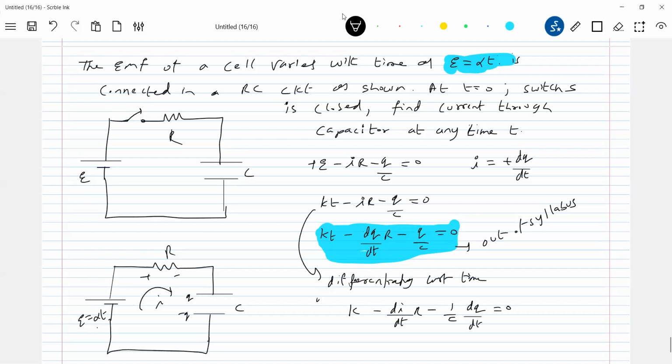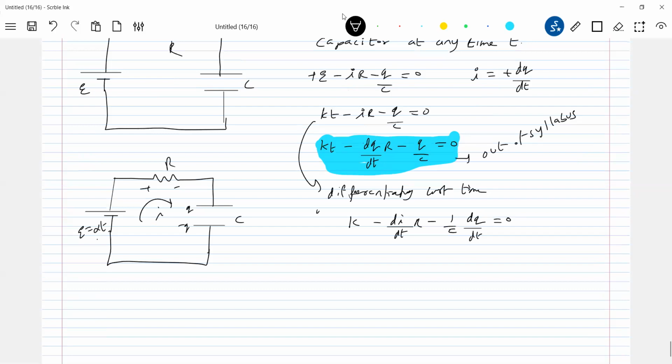So what is dq by dt? So we can go for replacement now. K equals R di by dt plus I by C. I think this can be integrated. K minus I by C is equal to R di by dt. Kc minus I equal to RC di by dt.